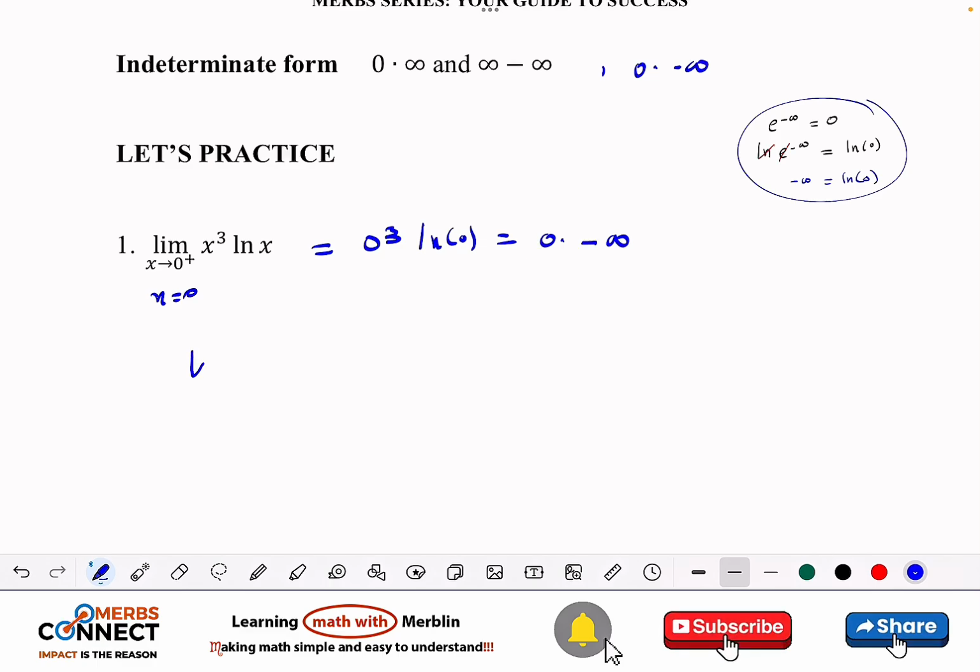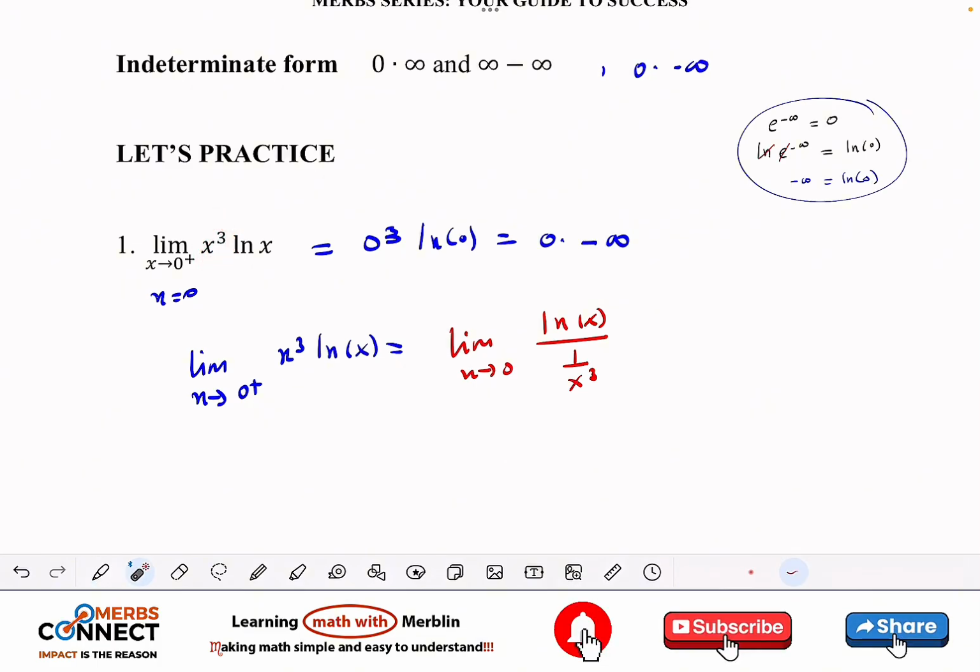So the limit as x approaches 0 of x cubed ln x, I'm going to write as the limit as x approaches 0 of ln x divided by 1 over x cubed. Do you agree? This is the same as that, because 1 divided by 1 over x cubed is the same as x cubed.